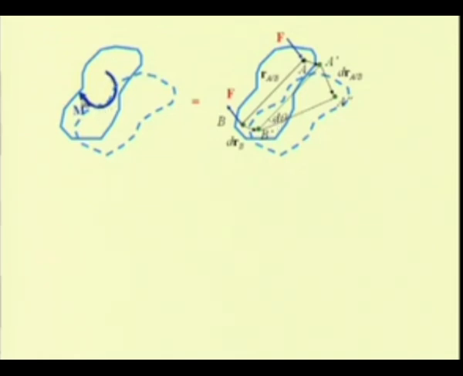This moment M, which causes a rotation of this body, can be represented by a couple, or these two equal and opposite forces F acting at B and A, such that the moment M is equal to the couple of these two forces, that is F times RAB.